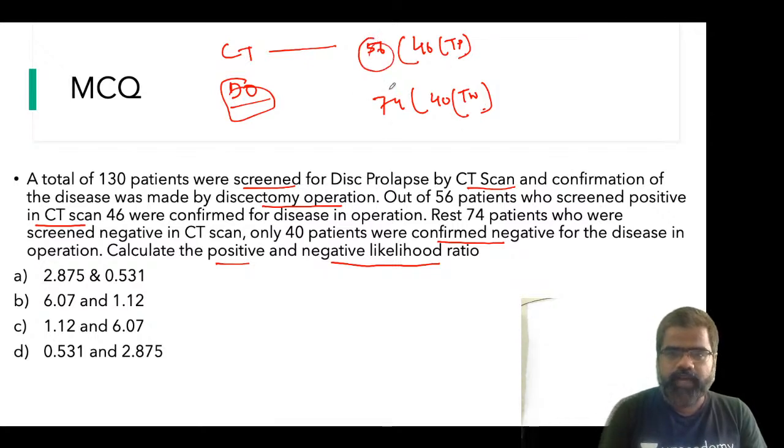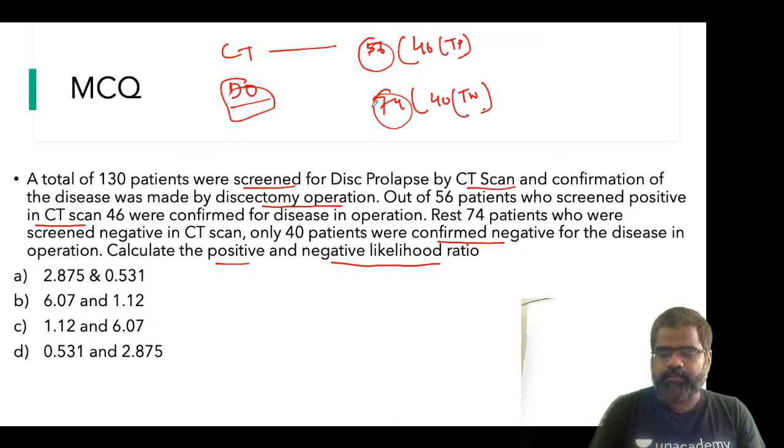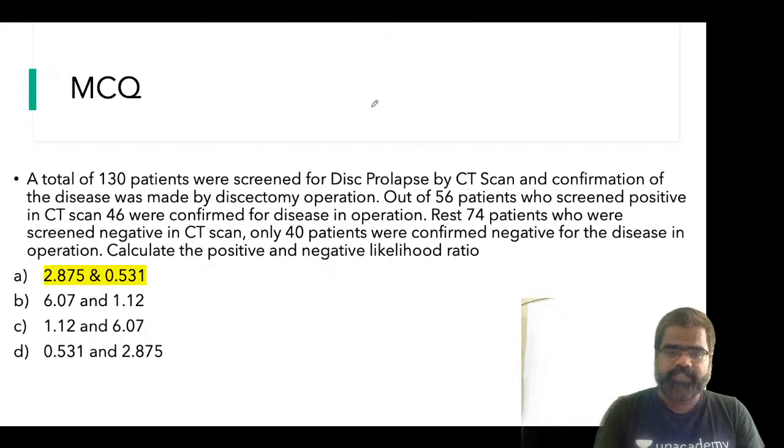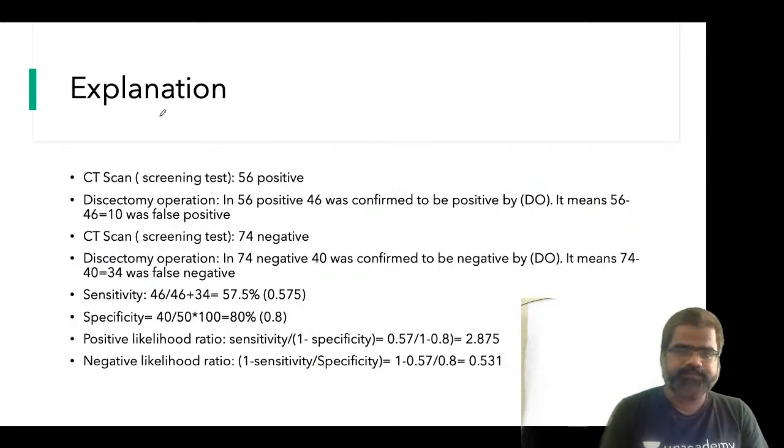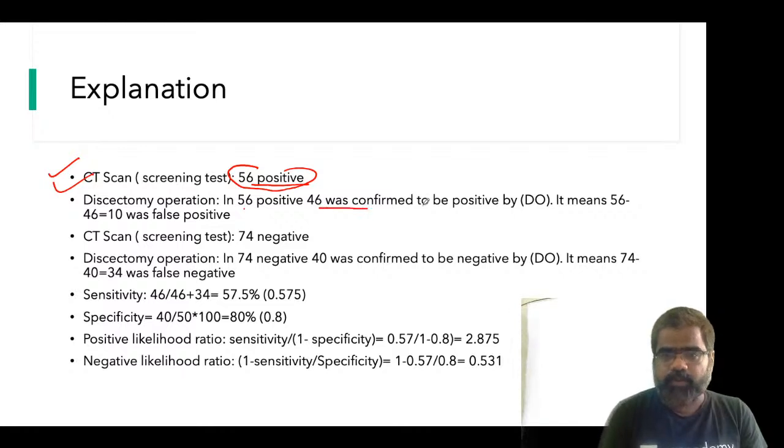This total value I have. Can we not make our table of true positive, false positive, true negative, false negative? See how I do it. CT scan 56 positive. Discectomy operation, students, is the confirmatory test. When these 56 went for discectomy operation, 46 were positive.